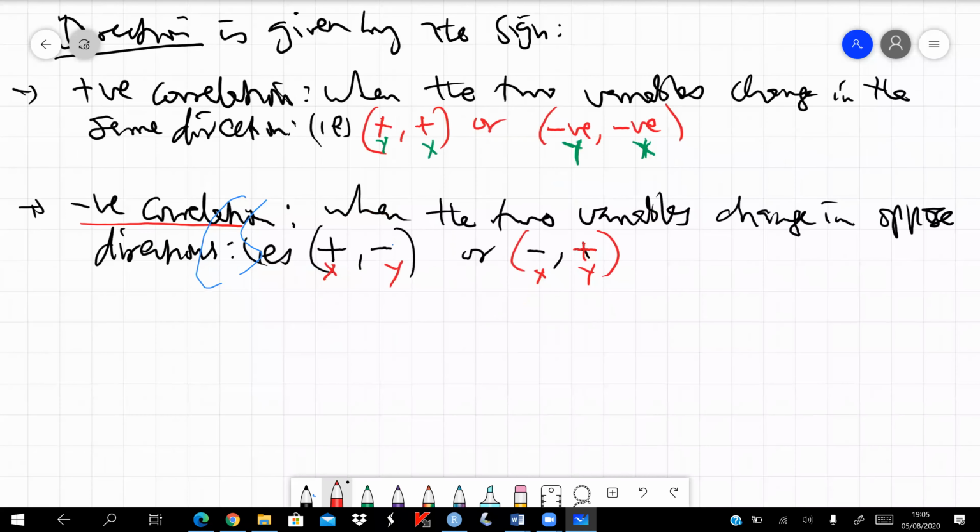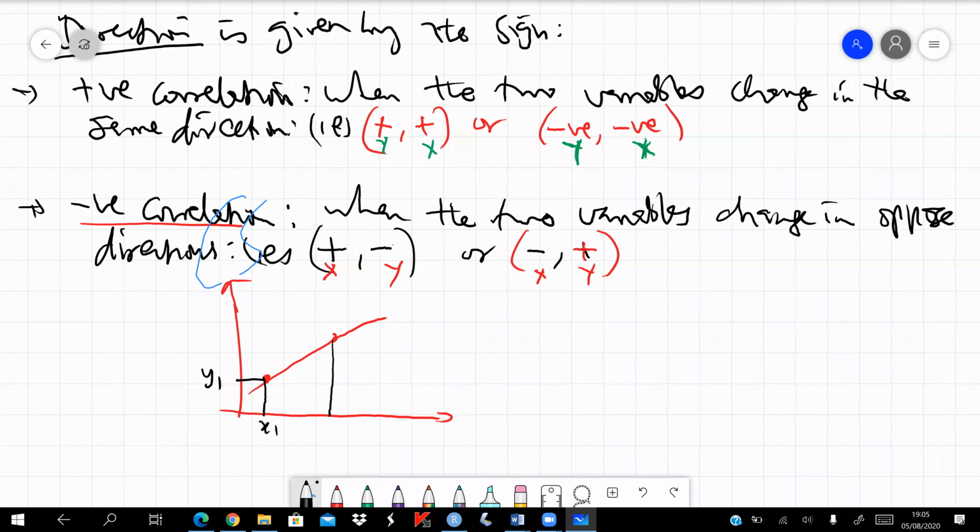So diagrammatically, positive correlation will always be given by a trend line in that direction. That's positive. Let me pick a point here, and another point there. If this is my X1, this is my Y1, I increase X from X1 to X2. You notice that if I increase X from X1 to X2, then the value of Y also increases from Y1 to Y2.